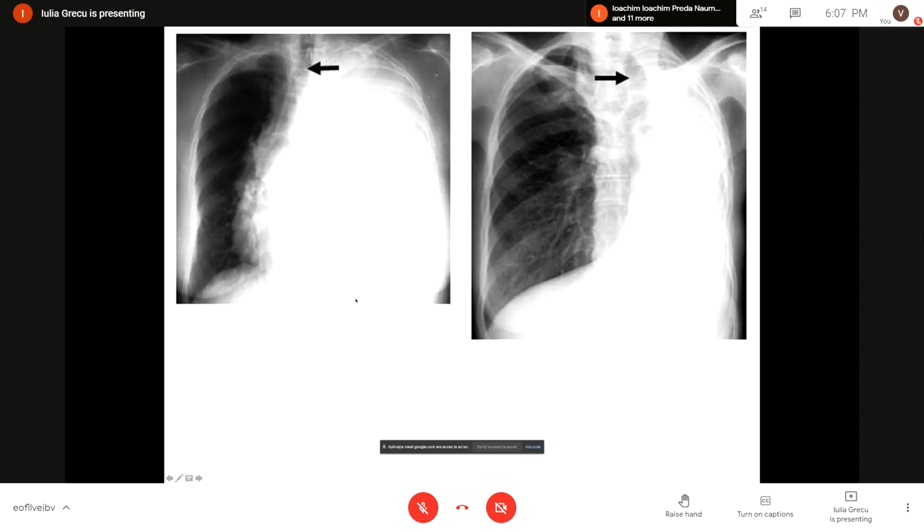Yes. How would you describe that? It's like a high opacity. Okay, perfect. Increased opacity.